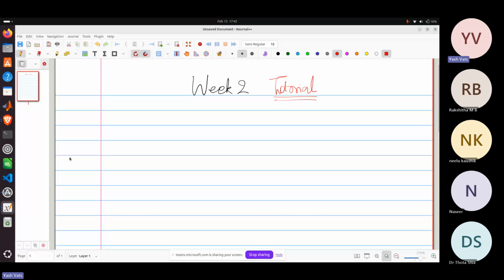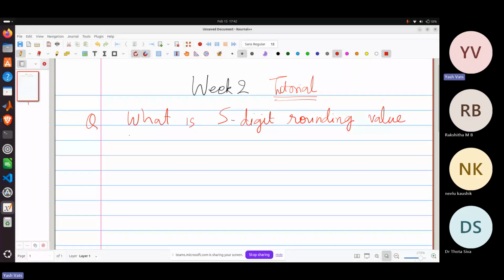So we're going to discuss something about errors this time. First we will do some questions based on that. I write the first question: what is the 5 digit rounding value of pi?